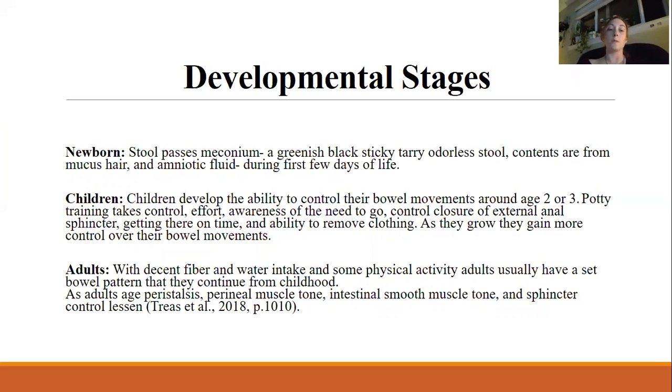Adults with decent fiber, water intake, and physical activity usually have a set bowel pattern that they continue from childhood. As we age, peristalsis, perineal muscle tone, intestinal smooth muscle tone, and sphincter control lessen a little bit. Next.